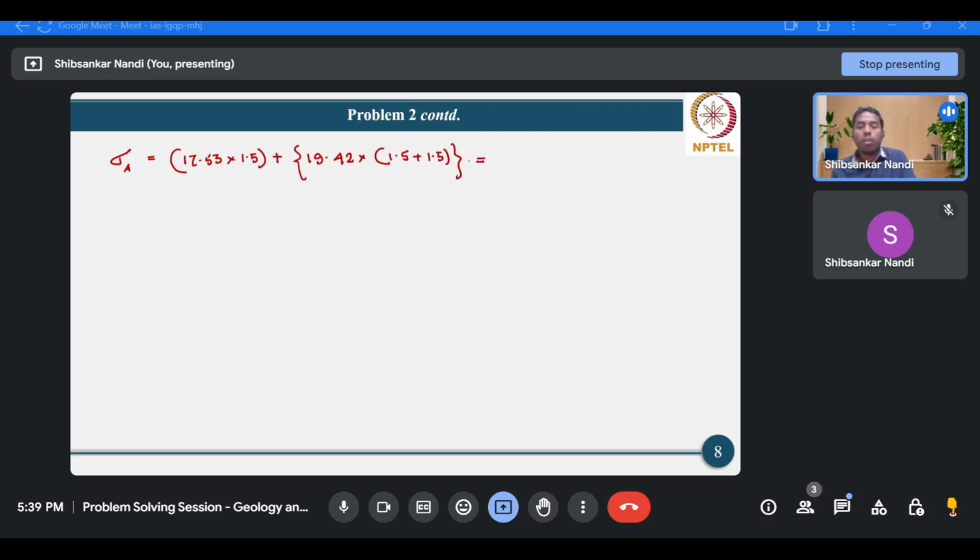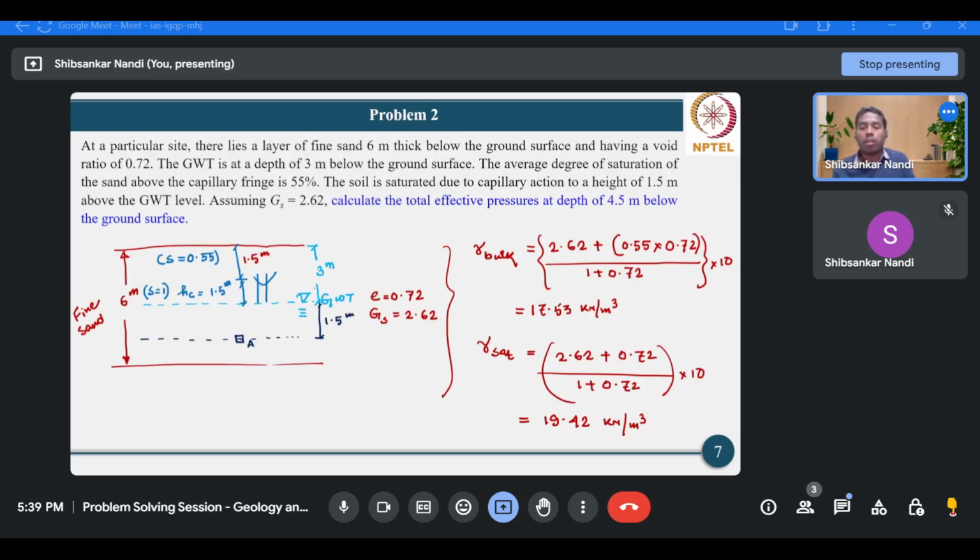So this 3 meter will be under complete saturation.